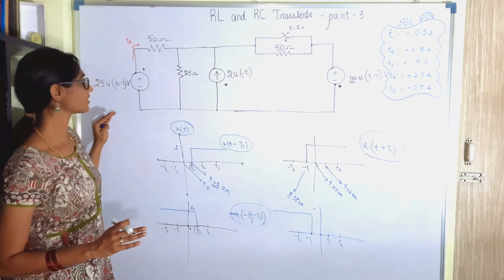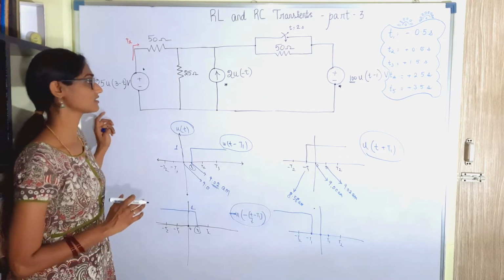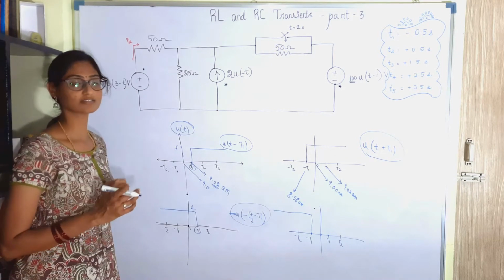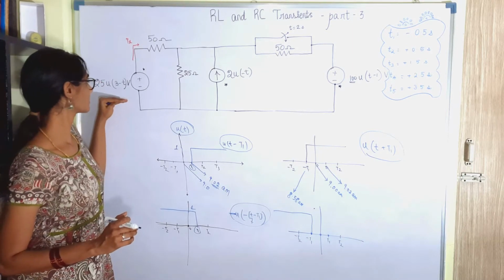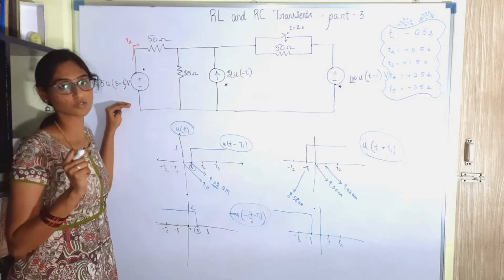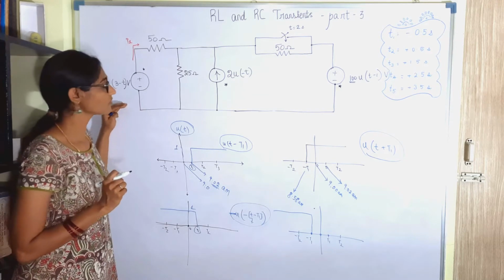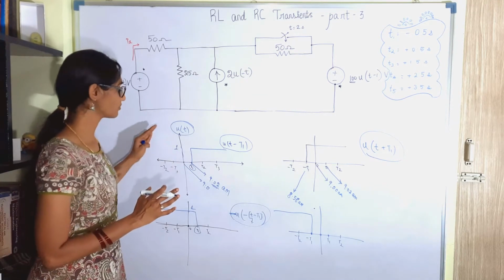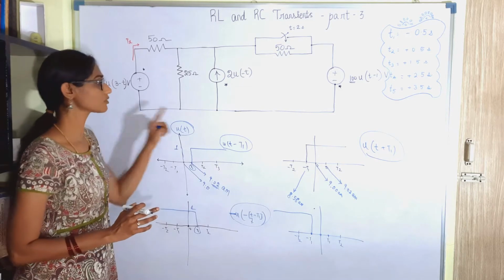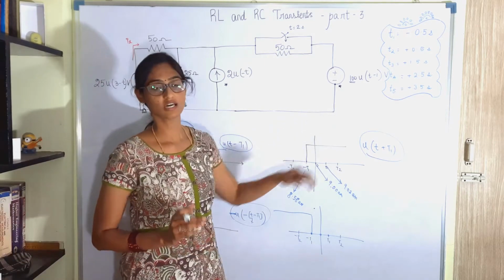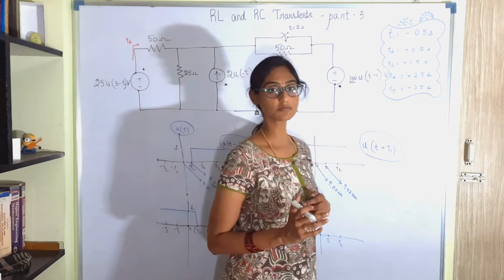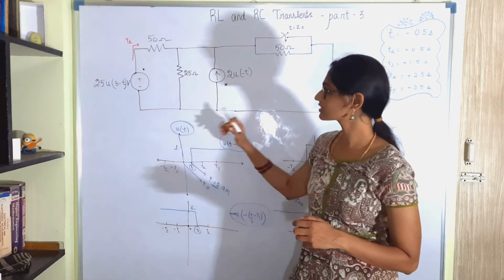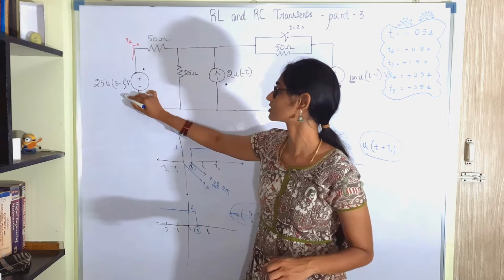Here, if you observe, you don't have any inductors or capacitors; you only have differently timed voltage sources and current sources. So it will be easier for you to put this analogy to each of these power sources and then solve this problem, because this unit step signal is actually considered a switch.